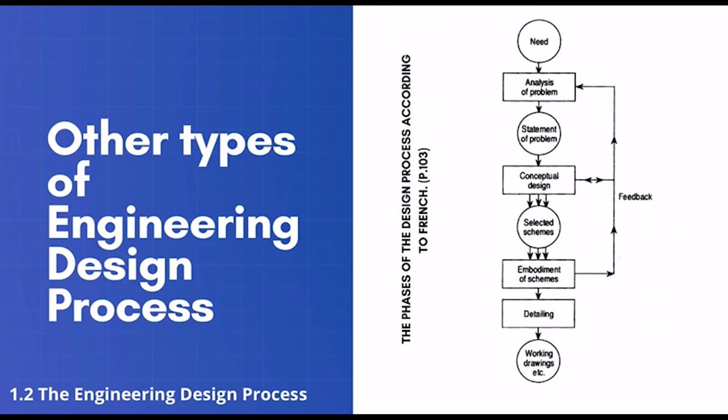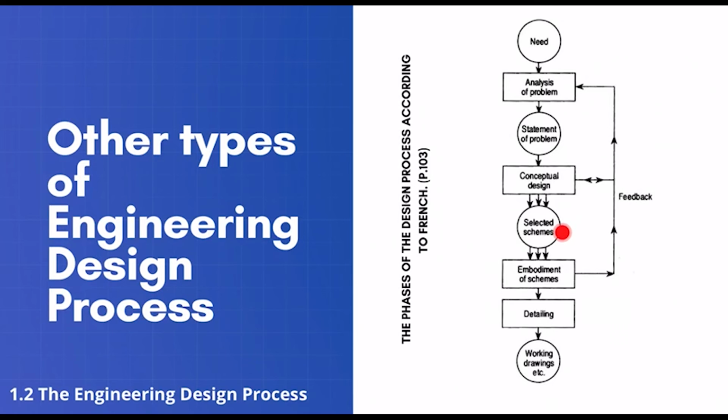This is an example of the engineering design process as a whole. As you can see here, the process starts from the identification of need or problem, and then analysis of the problem, then production of the statement of the problem. From the statement of the problem, several concepts will be produced, and then these concepts will be evaluated and one concept will be selected.